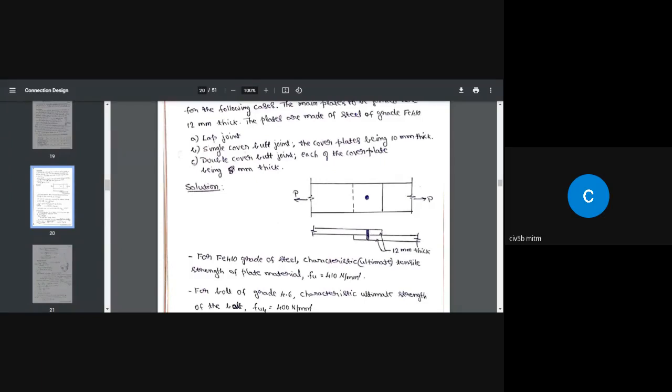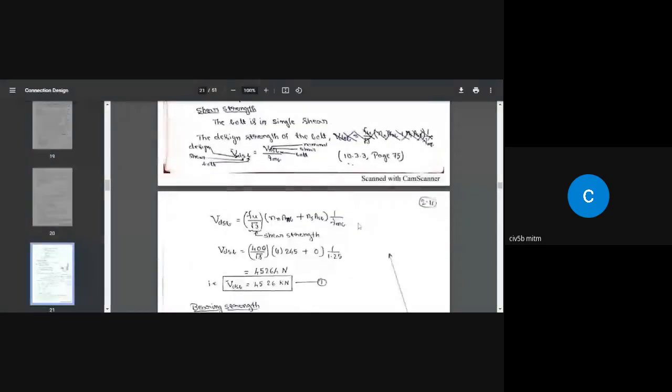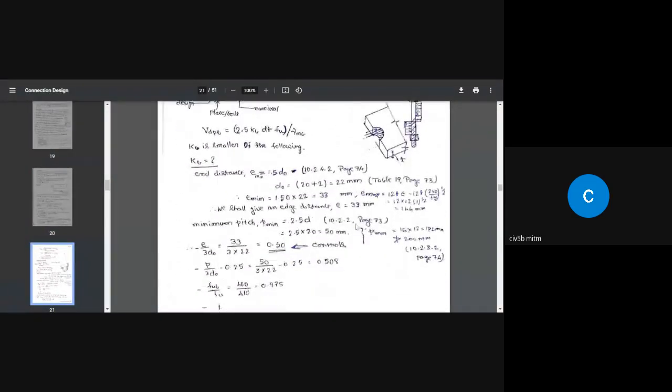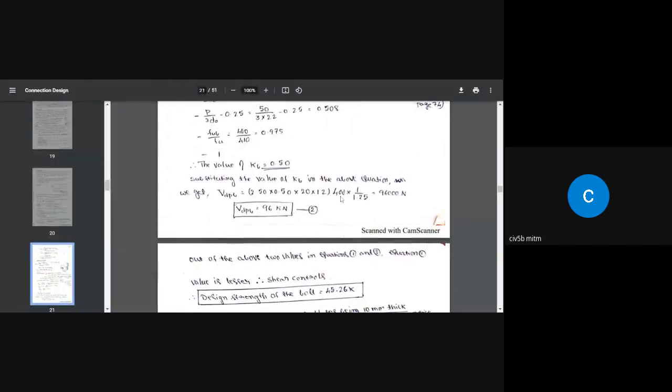Out of these two values, 400 is the lesser value. That is the reason I have considered 400 Newton per millimeter square in this formula to find VDPB, the bolt strength in bearing. I got that value equal to 96,000 Newton, that is 96 kilonewton.